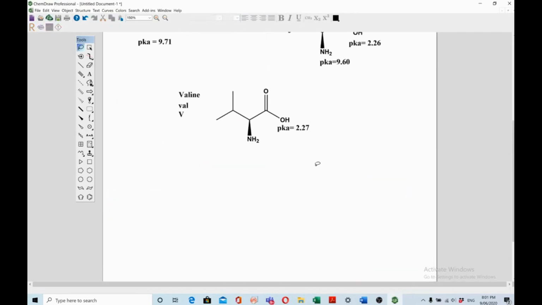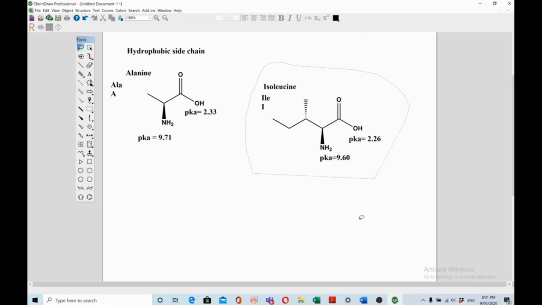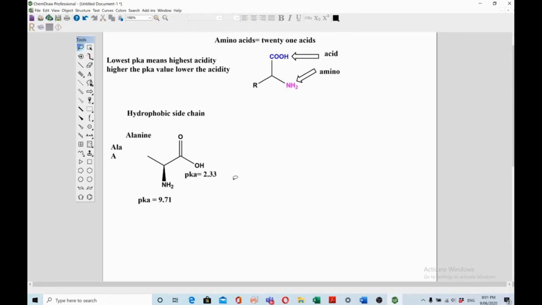Let's do a quick, short method to memorize amino acids and figure out the sequence of all of them.